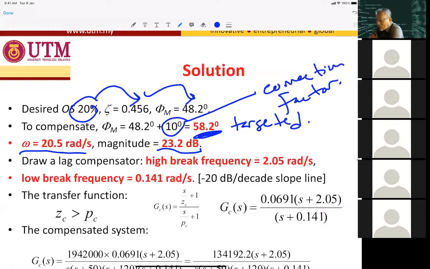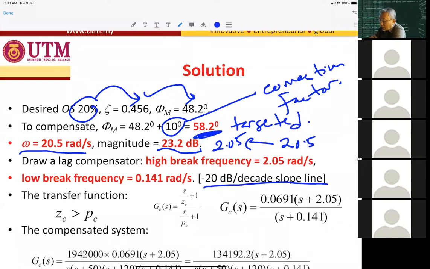So we draw the lag compensator high frequency break, which is 1 decade before 20.5. So 1 decade before 20.5 is 2.05 radians per second. Then we draw the minus 20 dB per decade slope line, like this.